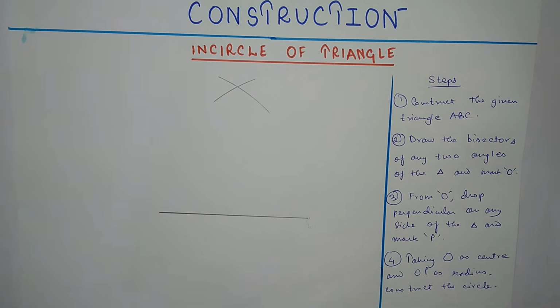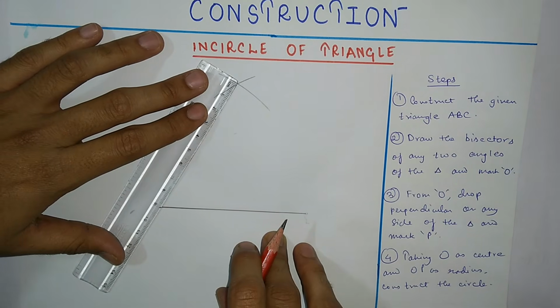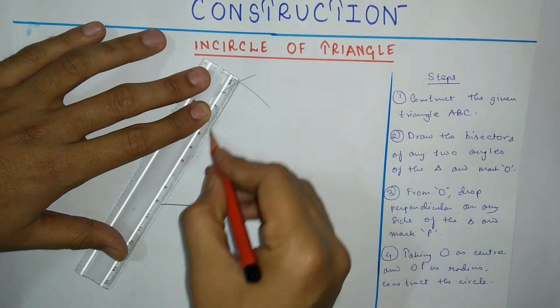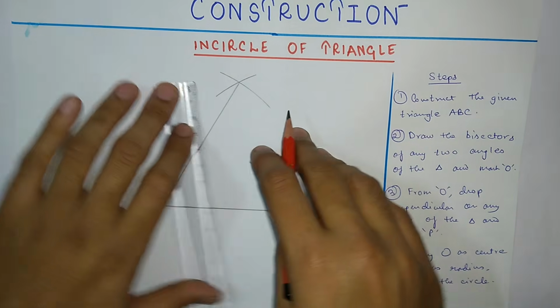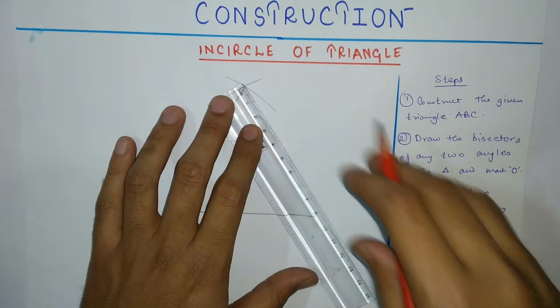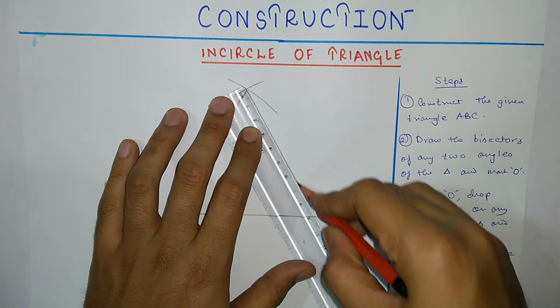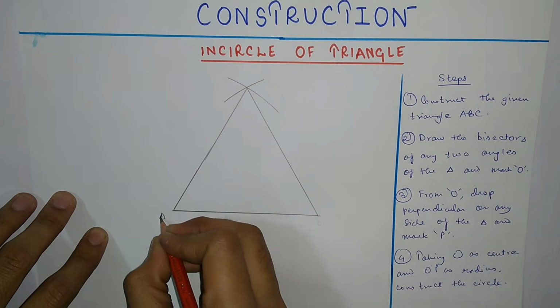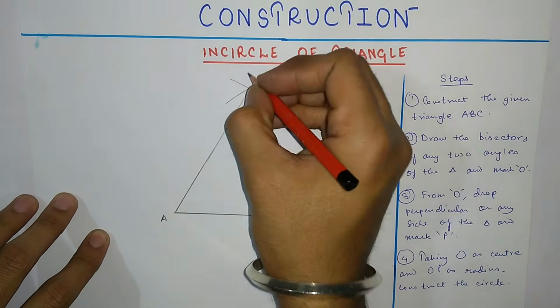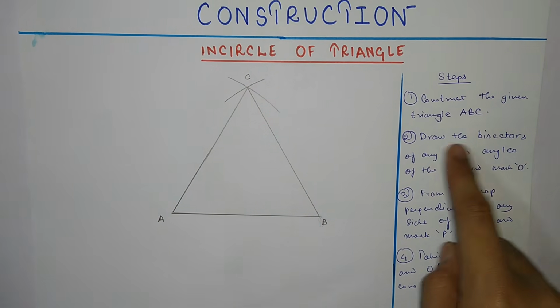We'll just join it. So this is the equilateral triangle. I'll mark it ABC, A, B, and C. Okay. So this was the first step, construct the given triangle ABC.